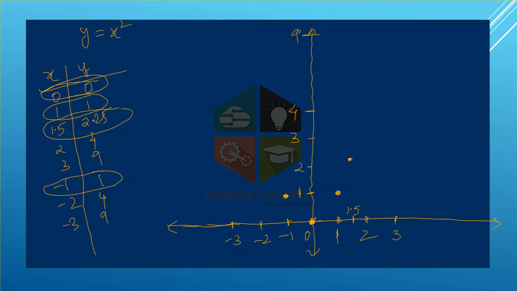Then we get 2 comma 4, then there is 3 comma 9, then we have minus 2 comma 4, minus 3 comma 9.